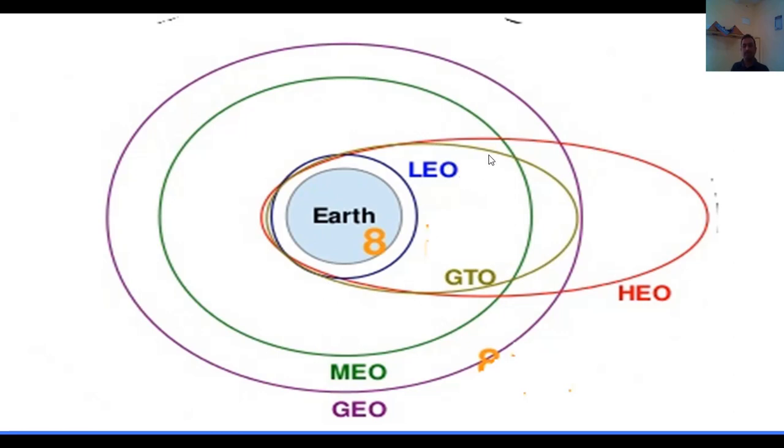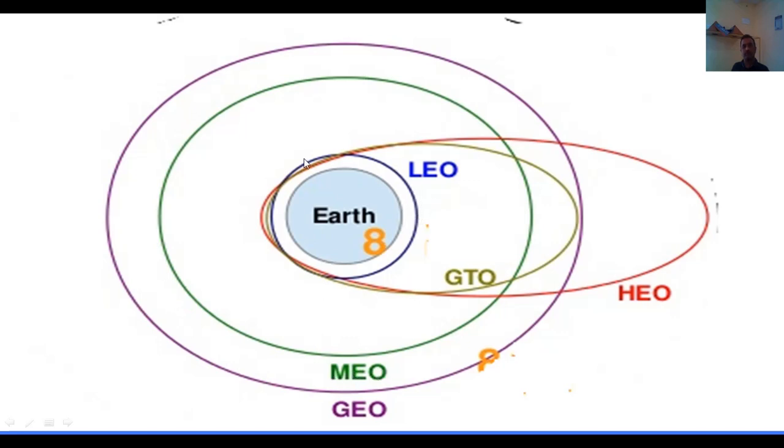There are certain satellites that are placed in medium Earth orbit. This green indicates that some satellites are present in the medium Earth orbit. This is called MEO.